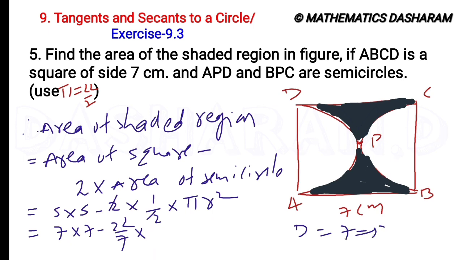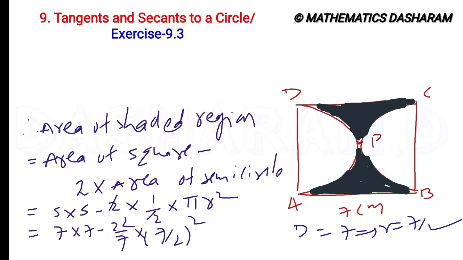Then from this radius is equals to 7 by 2. So 7 by 2 whole square.